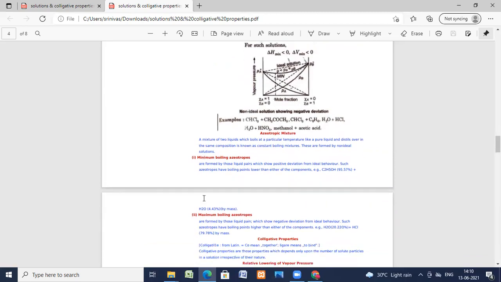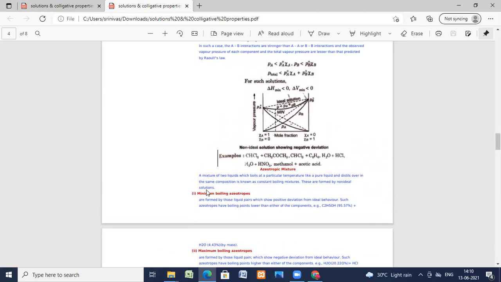In these, you have minimum and maximum. The non-ideal solutions which show positive deviations from Raoult's law come under the category of minimum boiling azeotropes, which boil lower than the boiling temperatures of the two components.